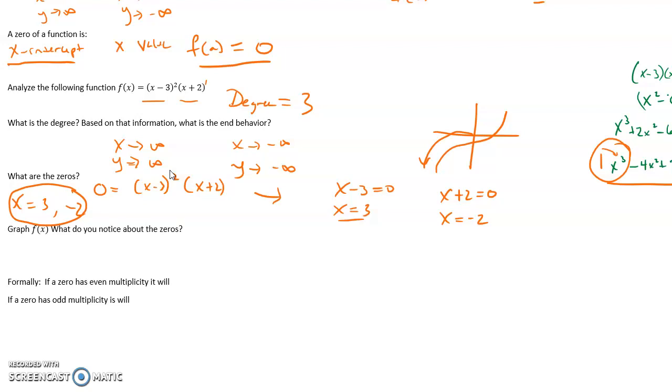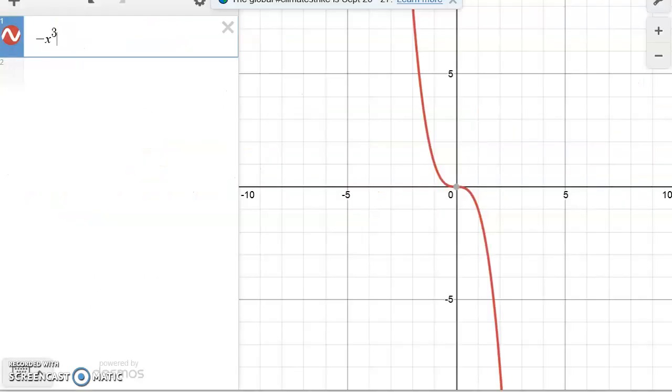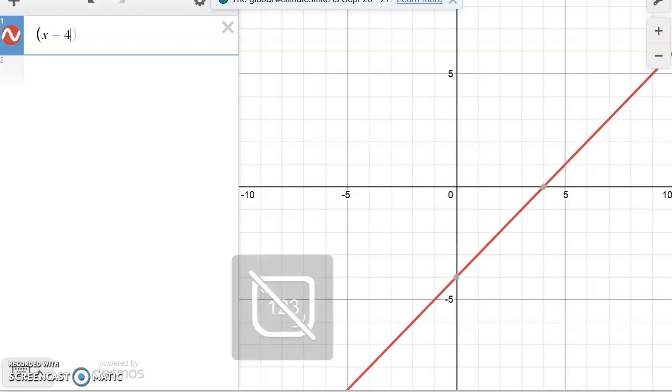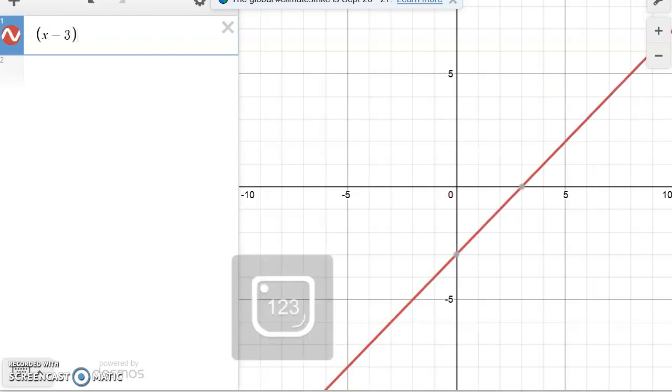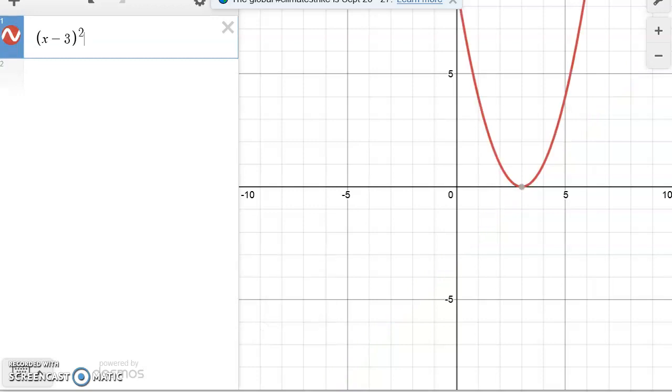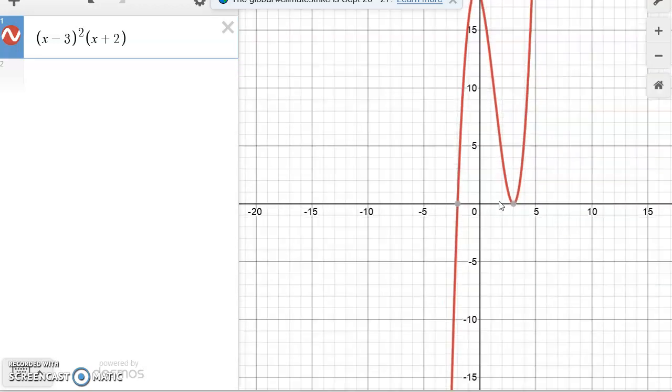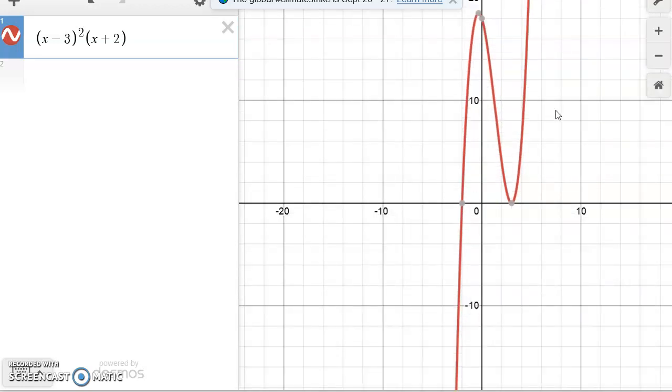Let's graph this, and what do we notice about the zeros? All right, so I'm going to zoom out a little bit so we can see a nice picture of this.